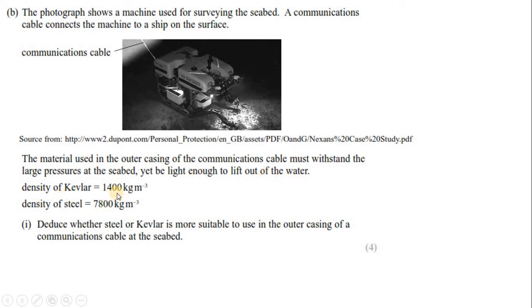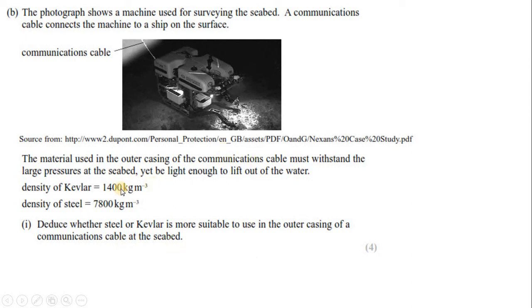Density of Kevlar is 1400 kg per meter cube. Density of steel is 7800 kilogram per meter cube.